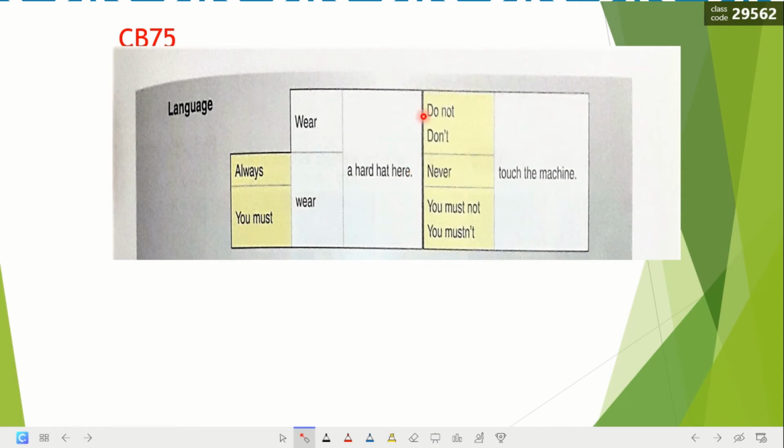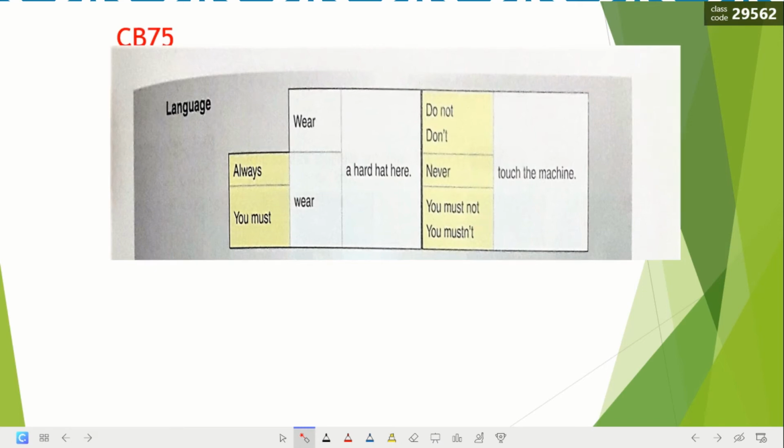When we want to prevent someone from doing something, we start with do not or don't, never, you must not or you mustn't. The examples: do not touch the machine or don't touch the machine, never touch the machine, you must not touch the machine or you mustn't touch the machine.